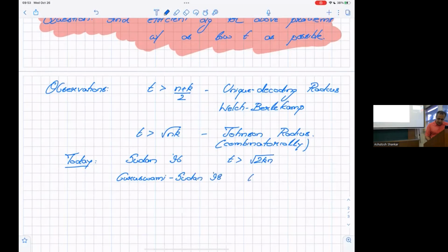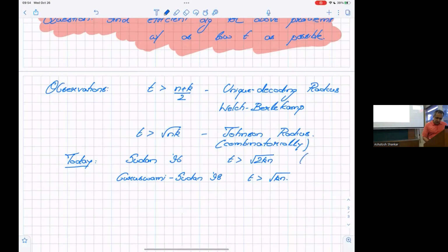In '98, it went all the way to this rate. There will be some fudge factors here. It will not be exactly this, it will be 1 plus epsilon times square root of nk in the actual algorithm. But if you write it in terms of rate, it will be exactly this.